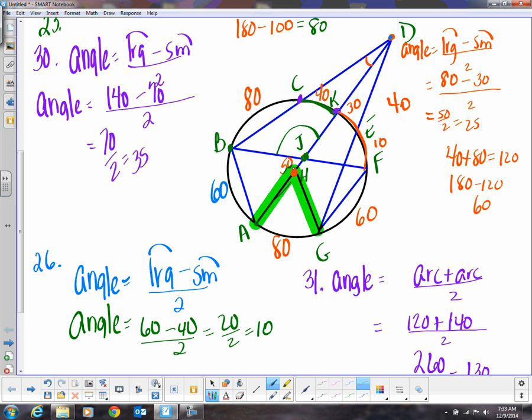On the center. When it's on the center, what does that equal? What does your foldable say? Angle equals what? Angle equals arc. What's the arc?